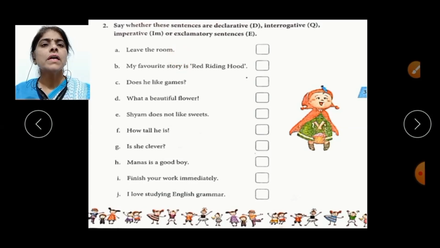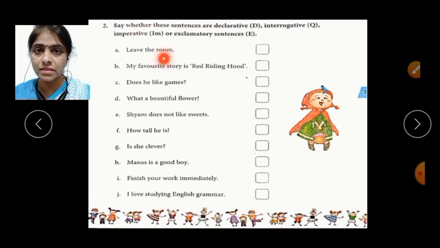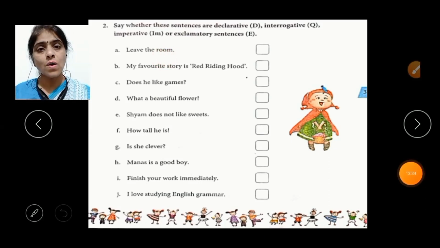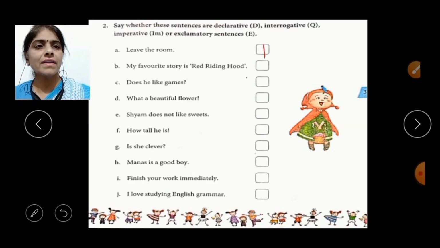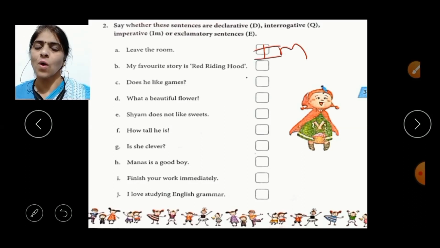No. Does this sentence give any order or instruction? Yes. So, which kind of sentence is this? Of course, imperative. So, for imperative sentence, what will we write? I am. Okay. Now let's have the next sentence.